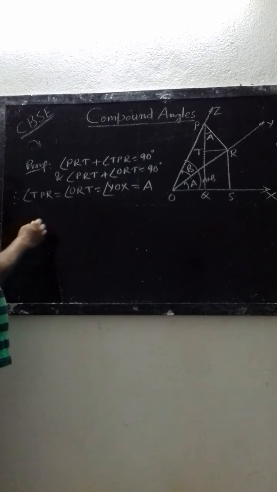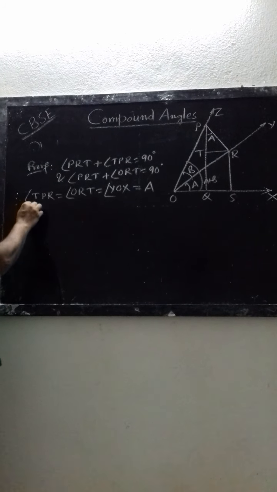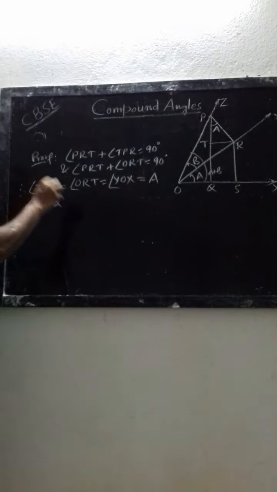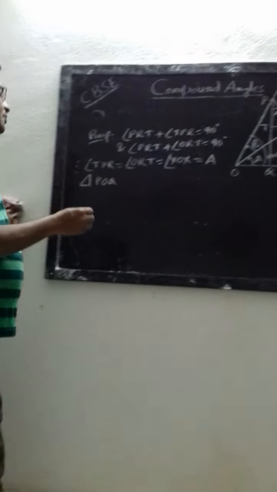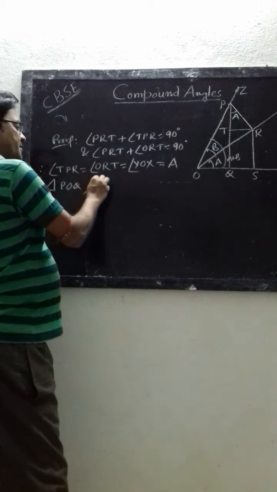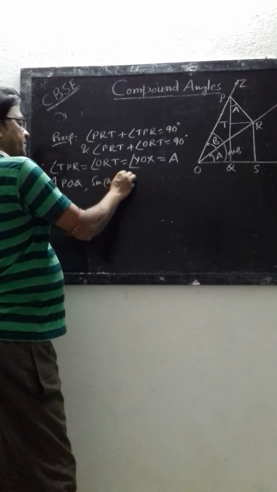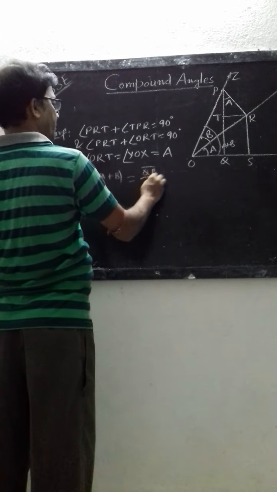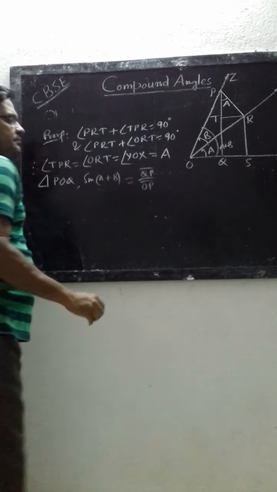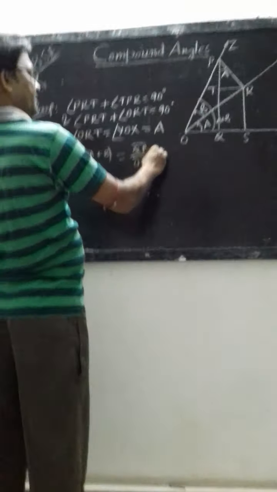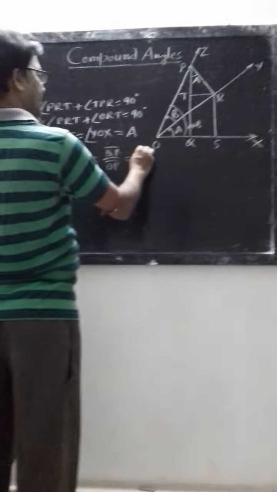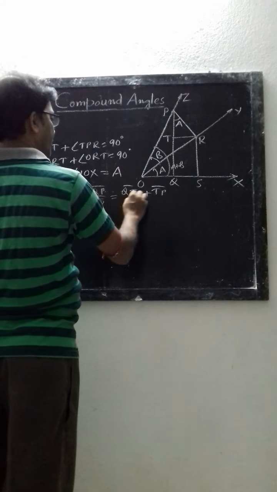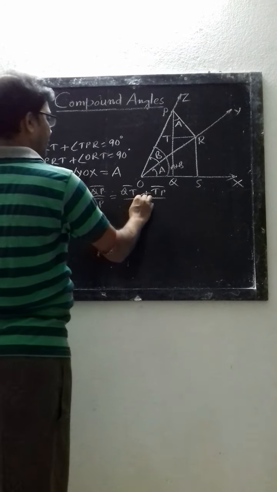Now from the figure, POQ is a right angle triangle. So sin(A plus B) equals QP by OP. QP is equal to QT plus TP, whole divided by OP.